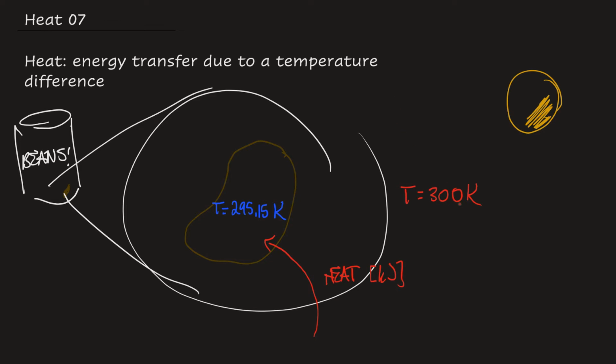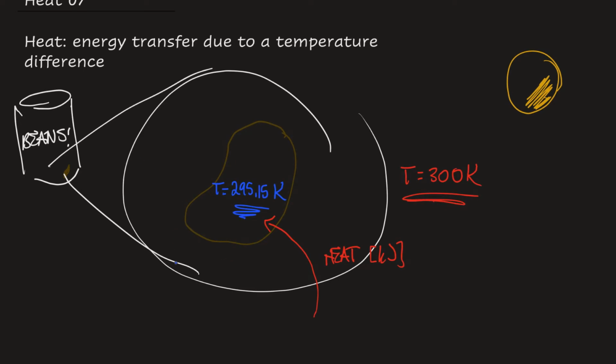Because there's a temperature difference between the surroundings and the bean itself, energy will be transferred from the area of higher temperature to the area of lower temperature.